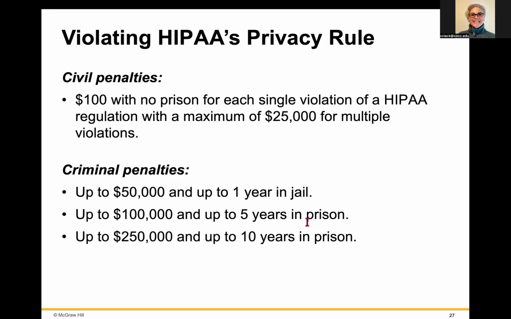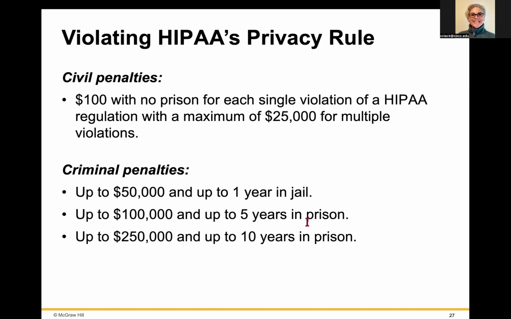There was an incident a few years ago of a St. Charles employee at one of the satellite clinics who, over the past year or two, had been looking at patient records just because. If she didn't look at them because she had to do her job, she was looking because she was nosy. She got caught.